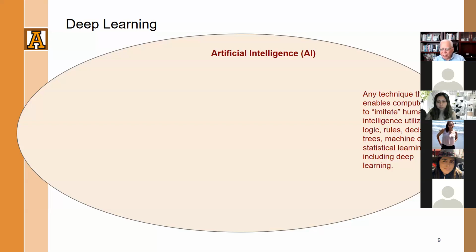In the 1940s, the computers were huge things that were very limited in memory and in the type of processing that they could do. But the term artificial intelligence stands for any technique that enables the computers to imitate human intelligence.